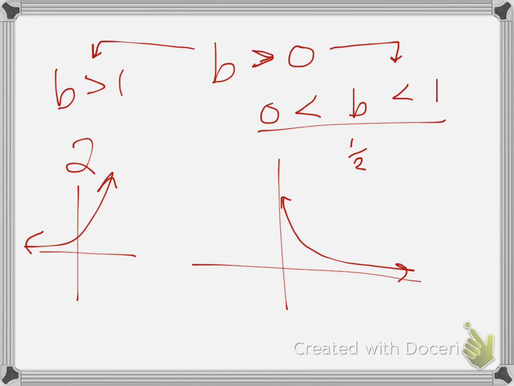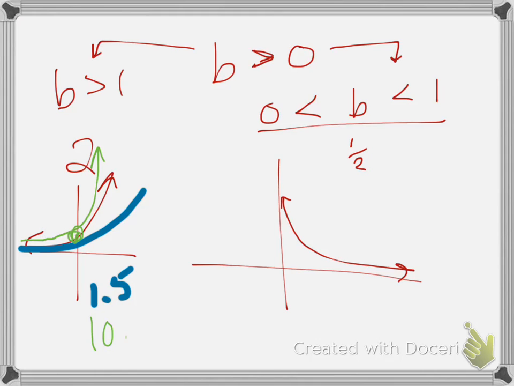It doesn't really matter. If it was 1.5, it would be a little more gradual. If it was 10, it would be much steeper like that. All going through the same point.